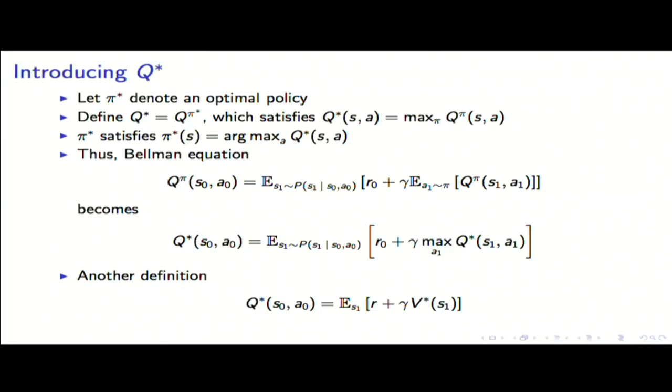Okay, I'll just say that this is another formula for the optimal Q function. It's just the first reward plus the optimal value function at the next time step.